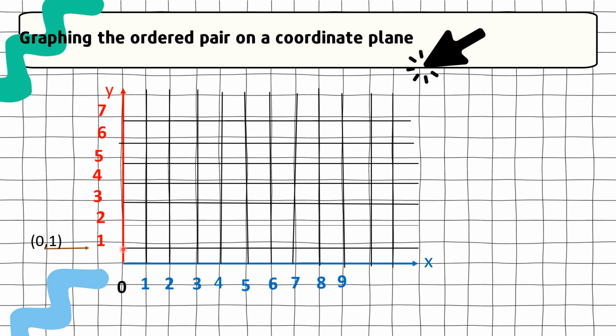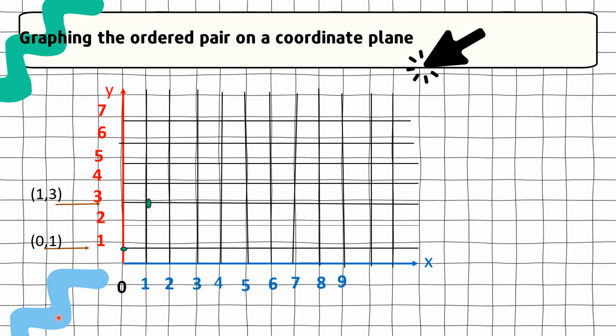This is the point 0 and 1. The other pair was 1 and 3. I go to 1 on the x-axis, then go up to 3 on the y-axis and put the point. Yes, here it is.